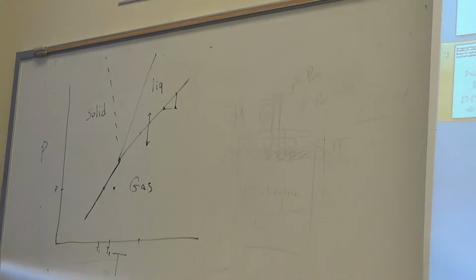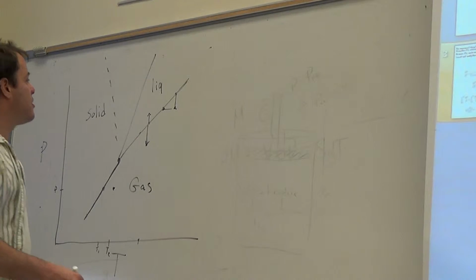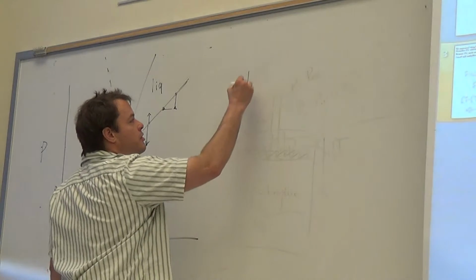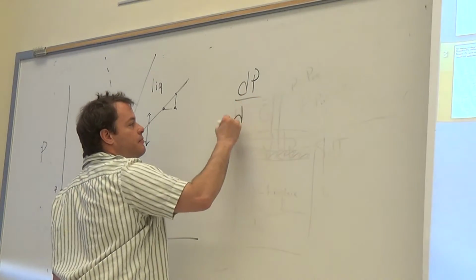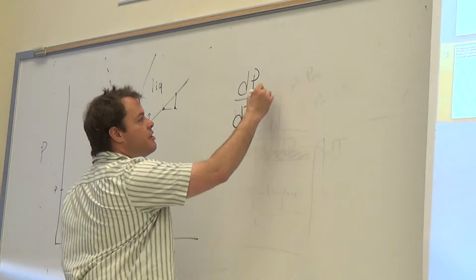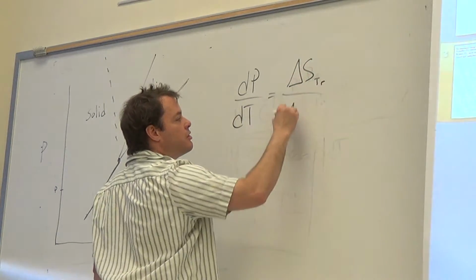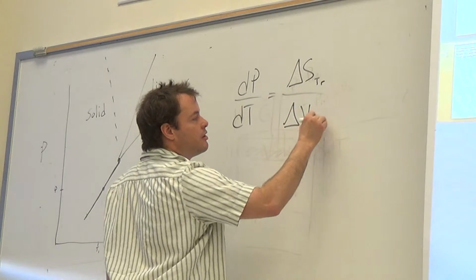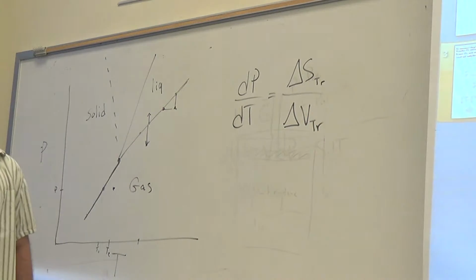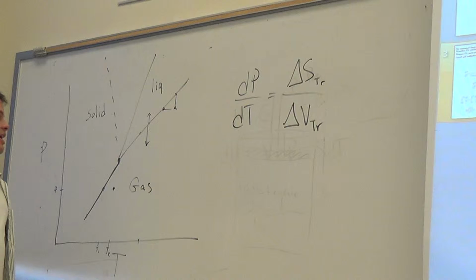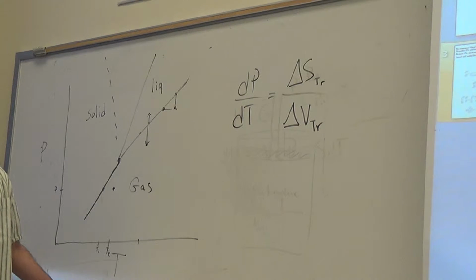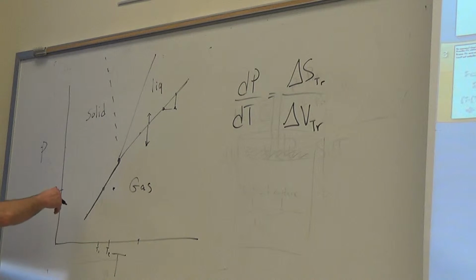Yeah, so our equation told us that dP over dT, the slope of that thing, is equal to delta S of the transition over delta V of the transition, right? Which of those transitions is going to have the larger delta S? We know that there's an increase in S moving from solid to liquid, and there's a subsequent increase in S moving from liquid to gas.